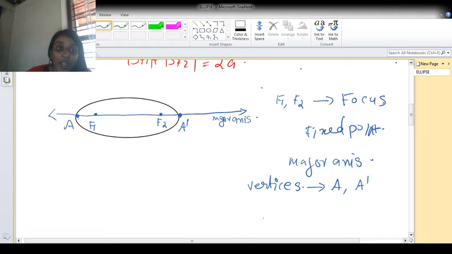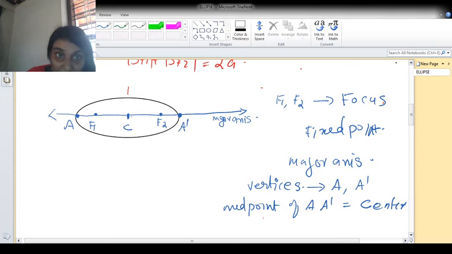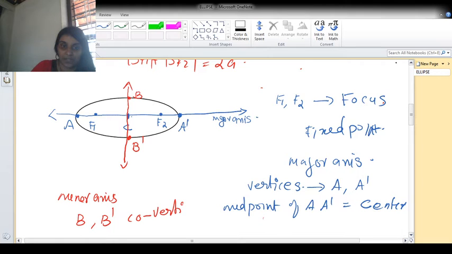Next you can draw a line passing through C and perpendicular to the major axis. This line segment is called the minor axis. This minor axis intersects the ellipse at B and B dash. These two points are called co-vertices. So these are the important terms of the ellipse.